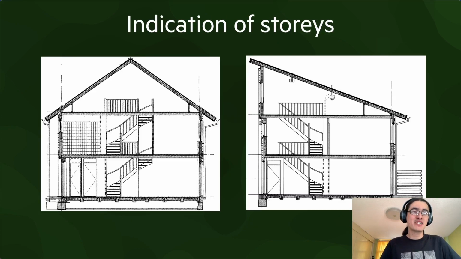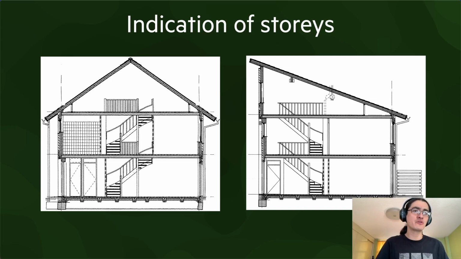In the Netherlands and in many countries, you can get an indication of where stories begin and end just by looking at the geometry, because usually the eaves of the roof tell you that the story begins exactly at that point. The same can apply, for instance, to balconies, because balconies are not in the middle of a story. You enter the balcony and the bottom of the balcony is at ground level, at the level of the bottom of the story.